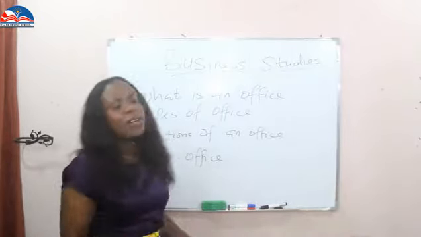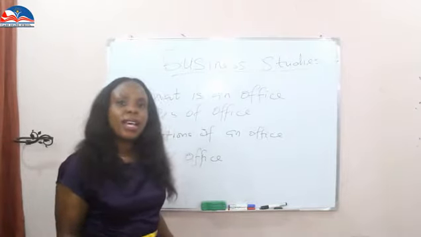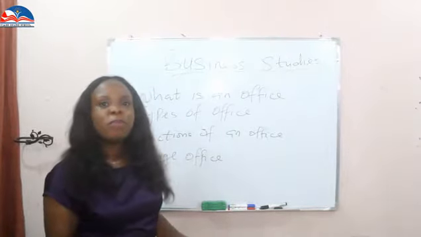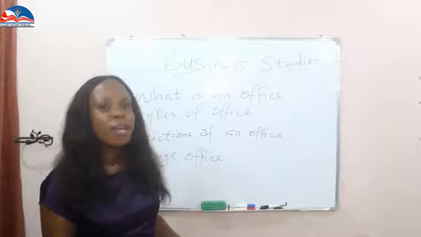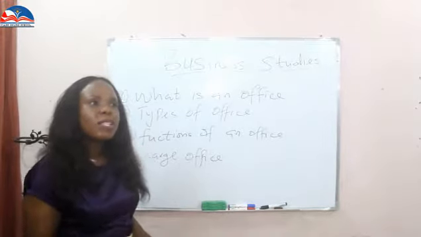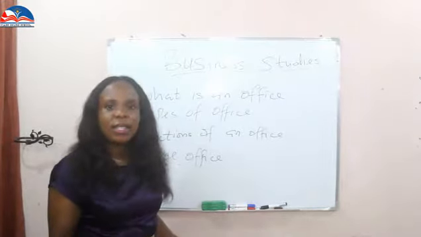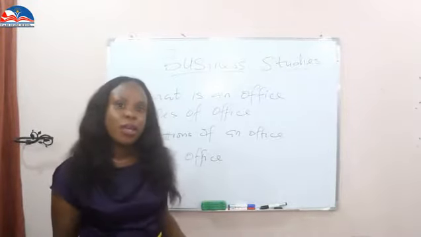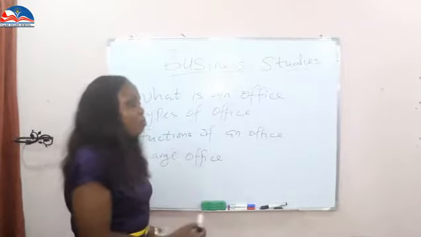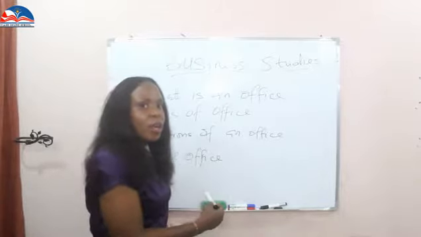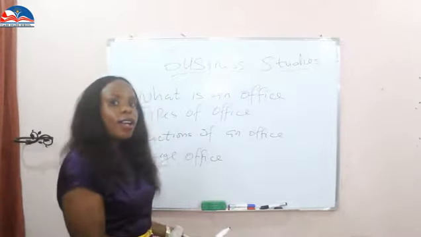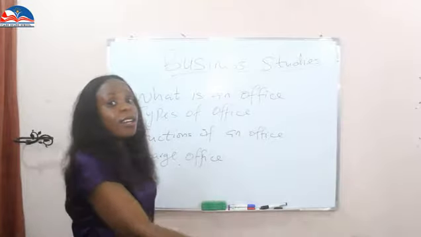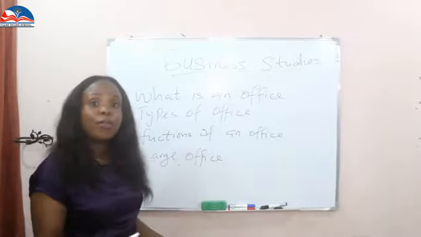Then another disadvantage is in cases of outbreak of a disease or an epidemic. What I mean by epidemics is that maybe there is a widespread disease that just comes up. It can just affect everybody, like a flu. If somebody has catarrh, the other person can easily get it because it's an open office.